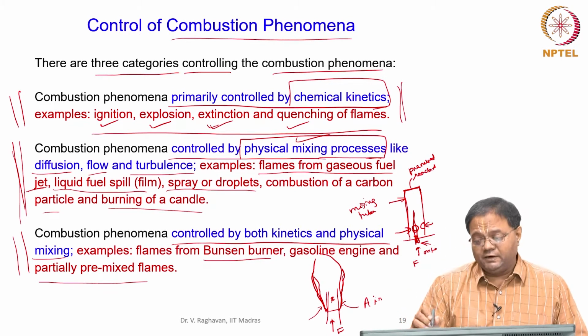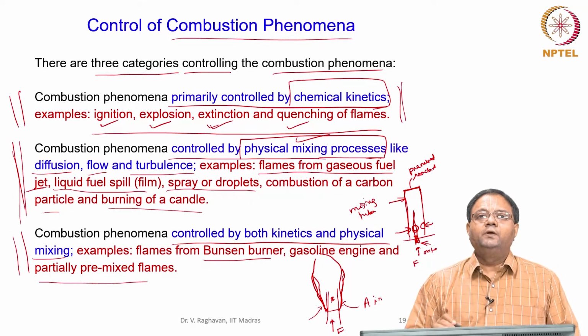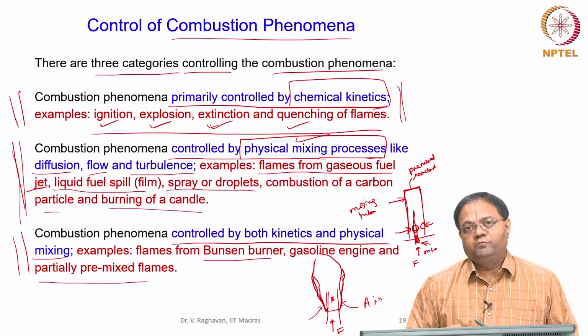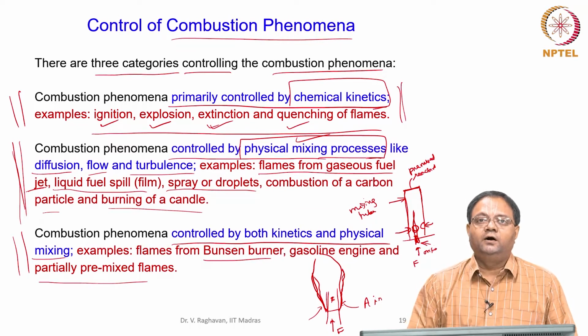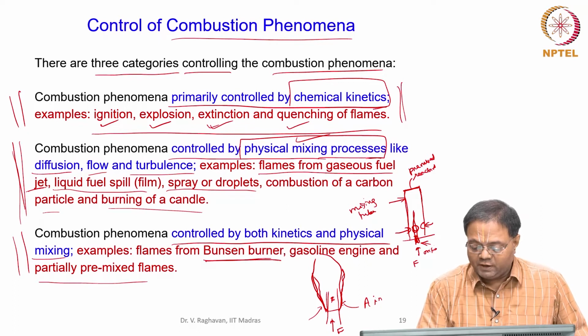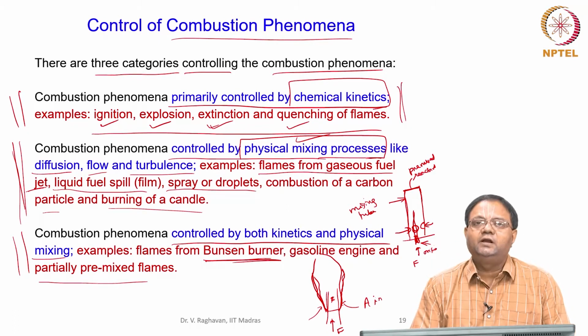But this reactant is not completely premixed as we see in the first case. It may be premixed to some extent. So, probably to the rich side, it may have more fuel than the stoichiometric value.